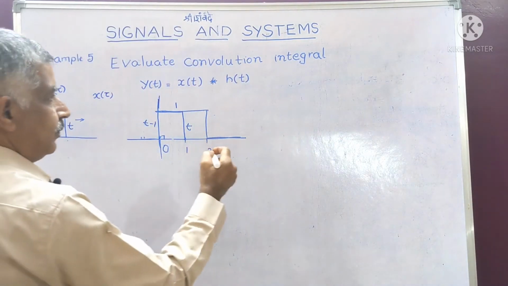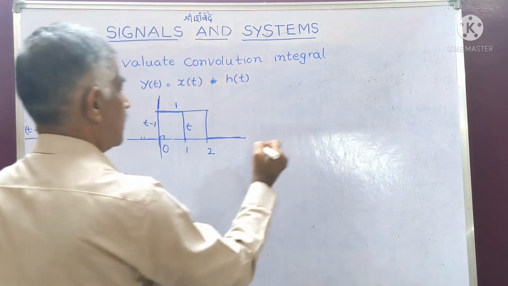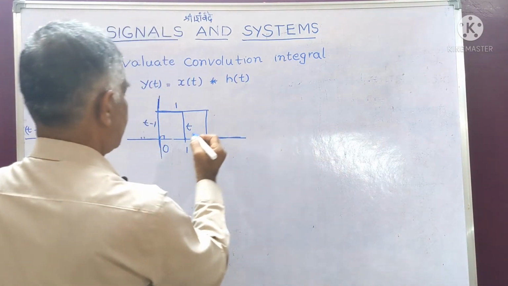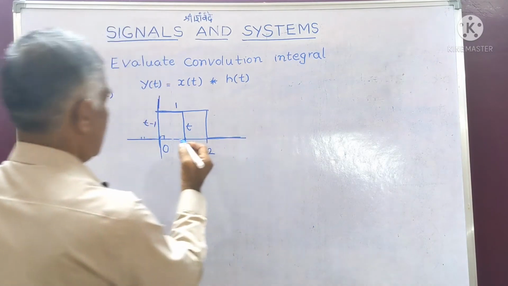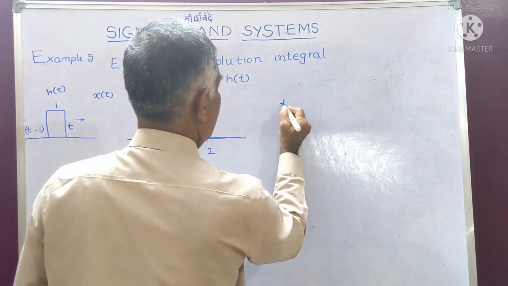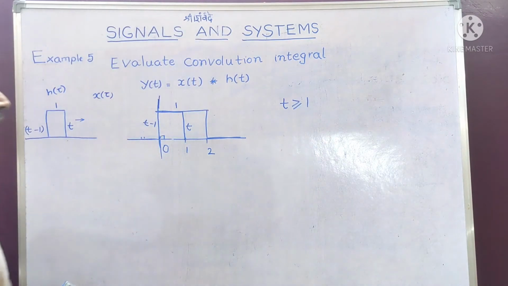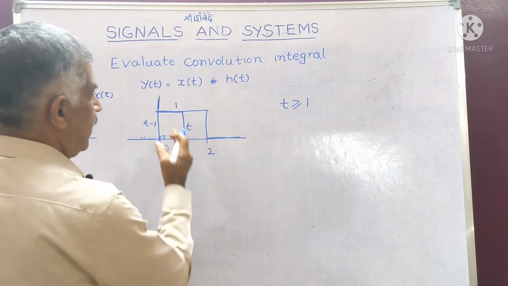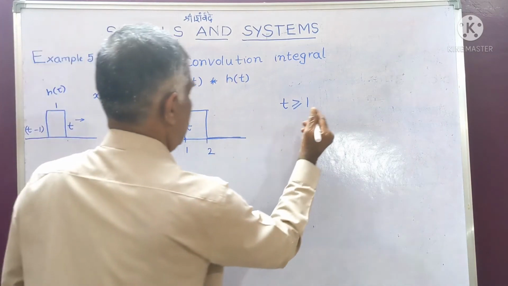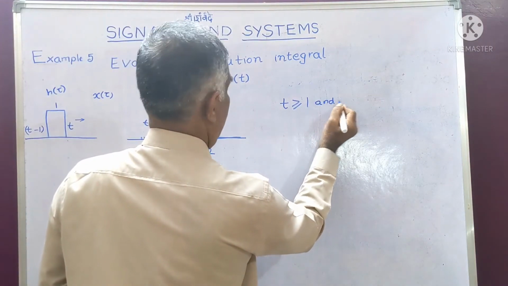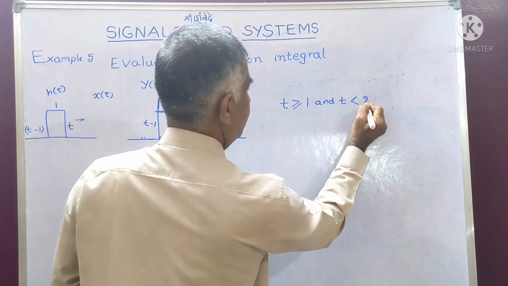First you find that 1 unit, t greater than or equal to 1, and how long you will move, t less than 2.